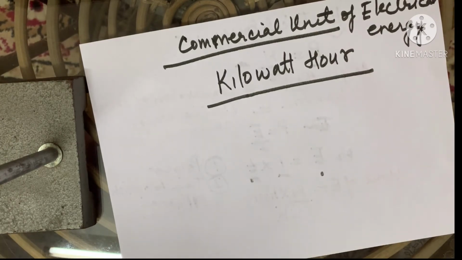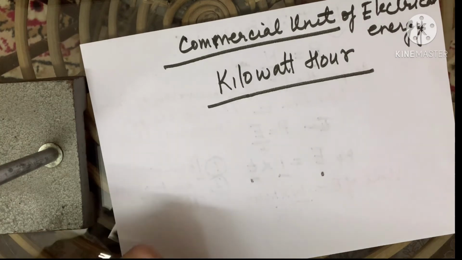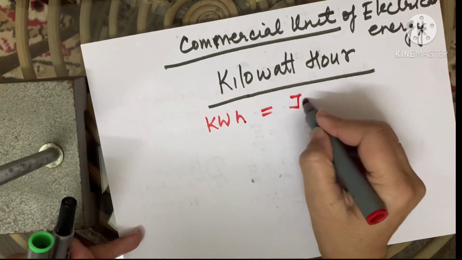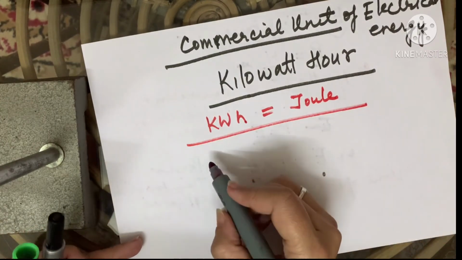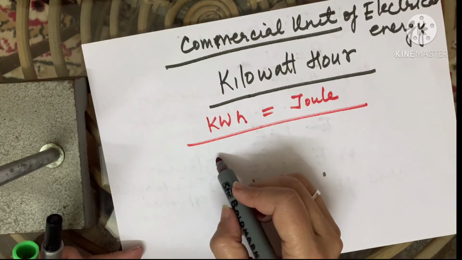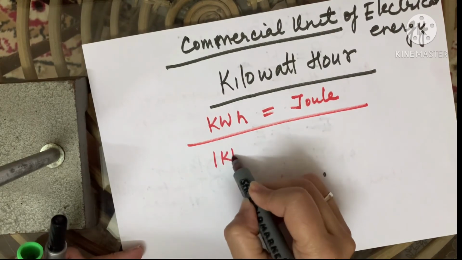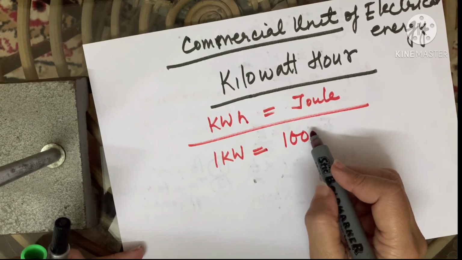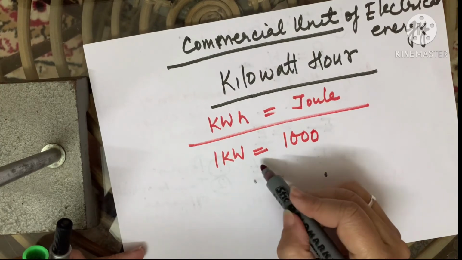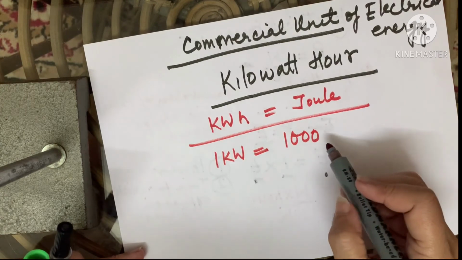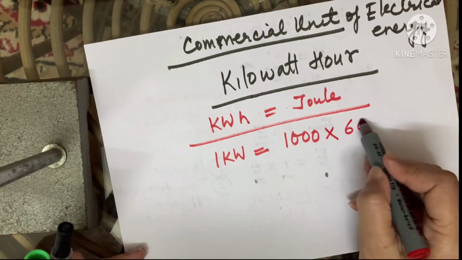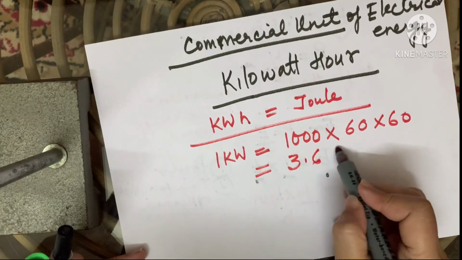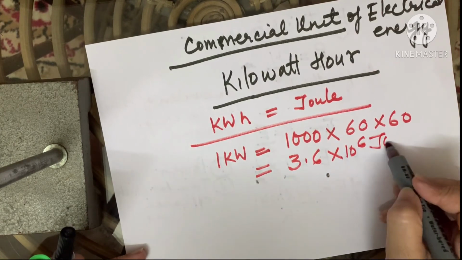The relationship between the kilowatt hour and joule can be calculated as: 1 kilowatt hour is equal to 1000 joules per second into 60 into 60, that is 3.6 into 10 raised to power 6 joules.